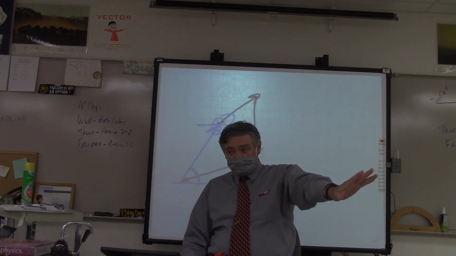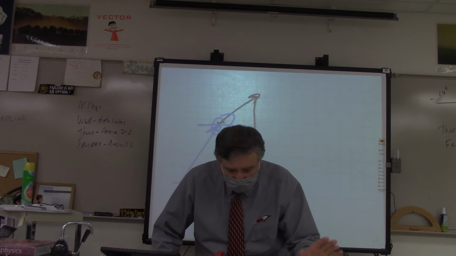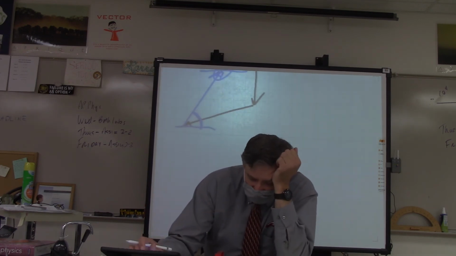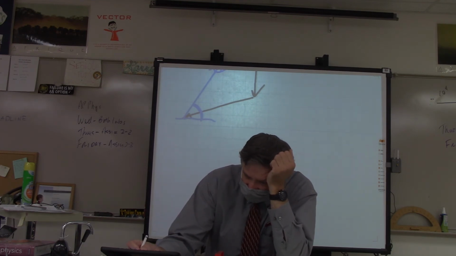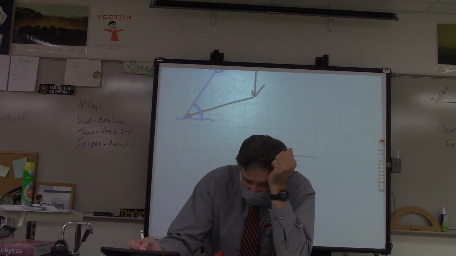Is there anything you all want me to go over? Yes, Riley? Number 9. It's basically the same as number 8, but I could not get the second angle correct. Okay, so look at this. You've got vector E at 180, then vector D at 250, and then C at 120.